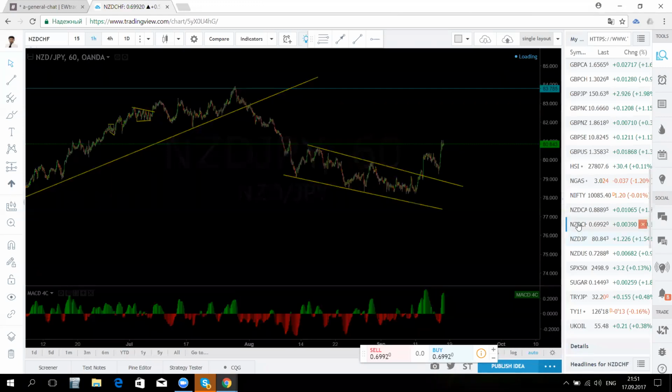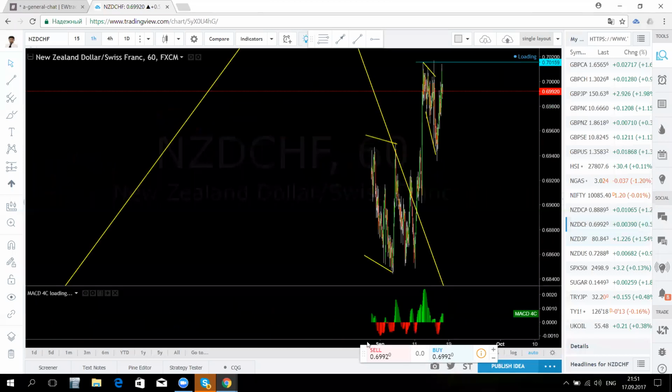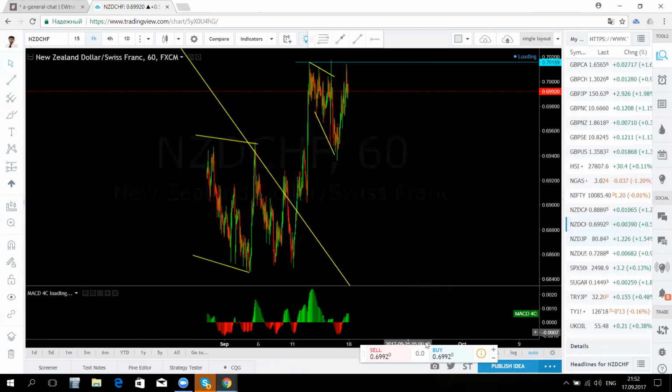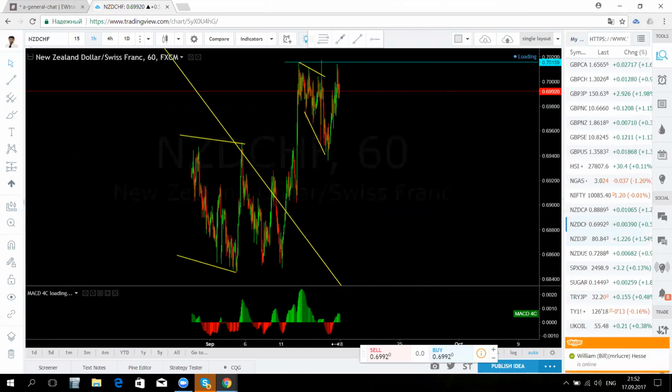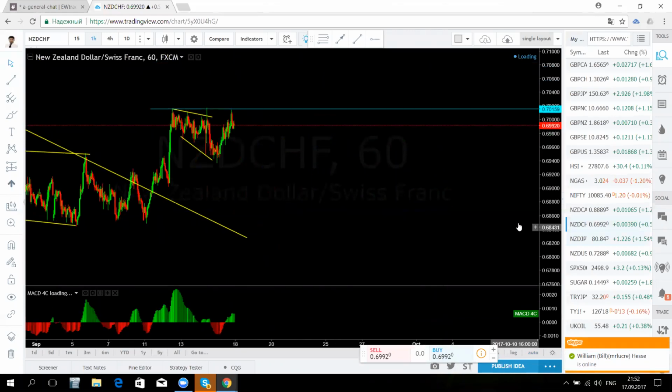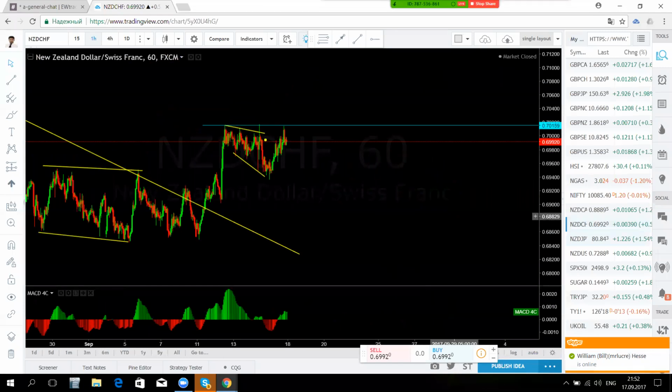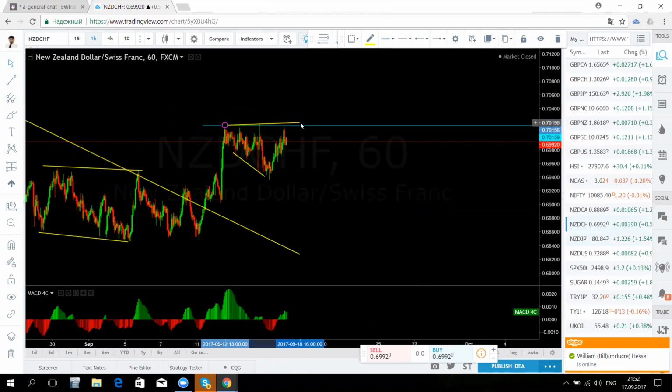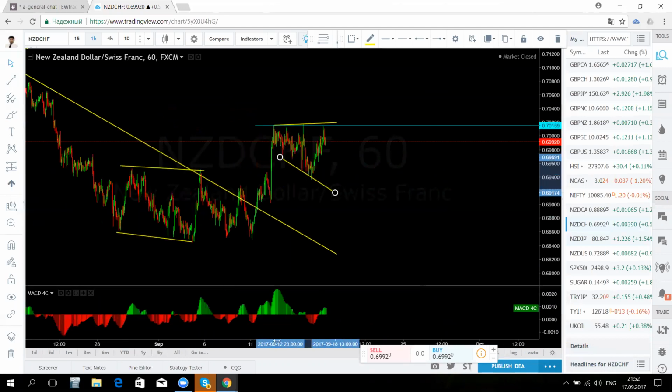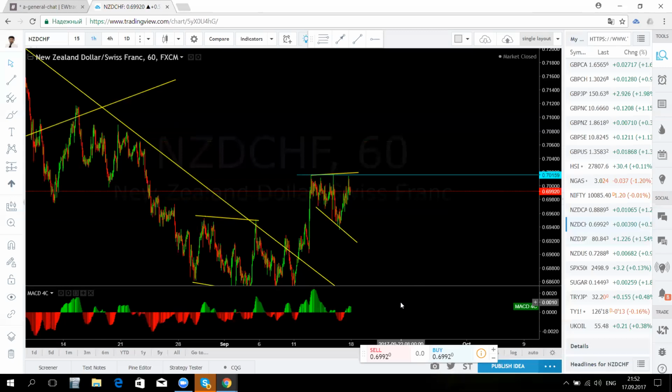New Zealand Swiss. This one has a very, very big correction at the top here. I would allow them to break out, make a flag, and then start trading it up.